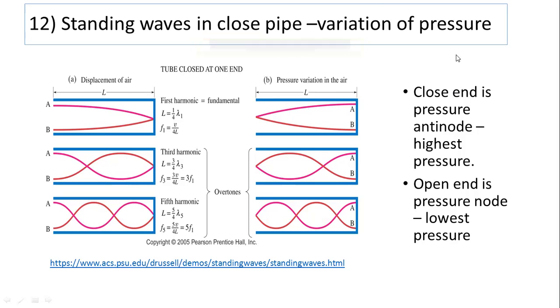Remember these two things. Closed end is the pressure antinode, highest pressure. Right? Opposite to your displacement distance graph. That's all. Don't know why you have problem understanding. Just remember these two things.